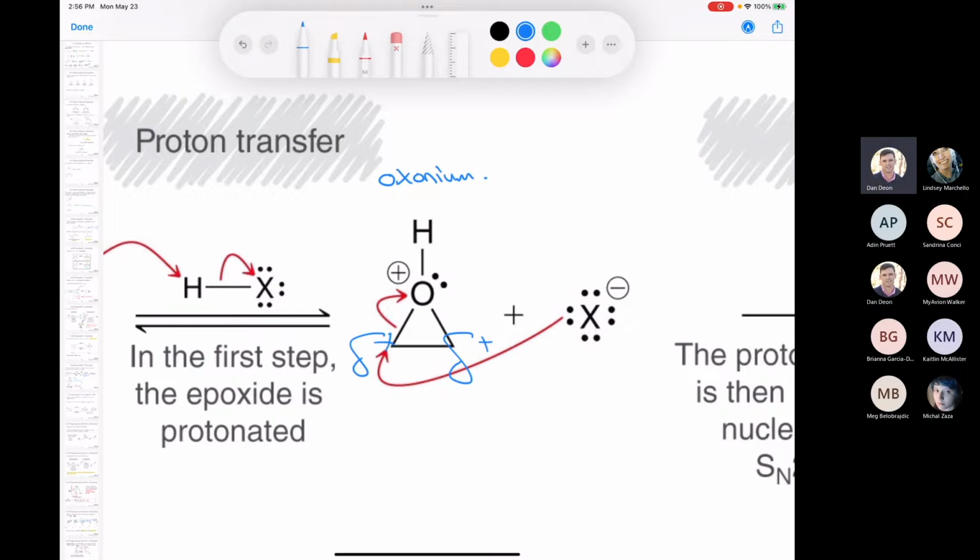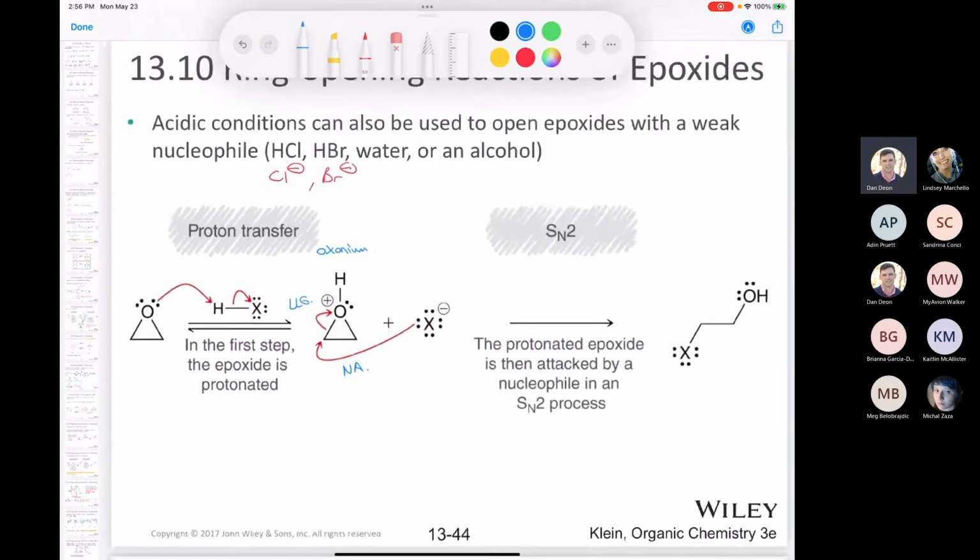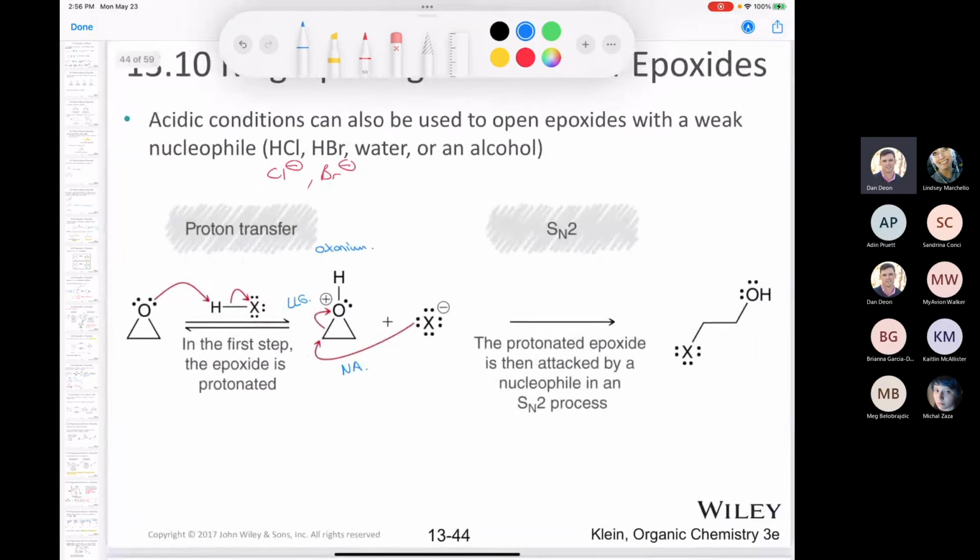So now you have the carbons rendered even more electrophilic. And so now your nucleophile, even if it's not a strong nucleophile, can come in and do a nucleophilic attack, and we have the loss of the leaving group occurring simultaneously. So now we open up our epoxide. There's no need to do a proton transfer at the end because we did it in the first step.